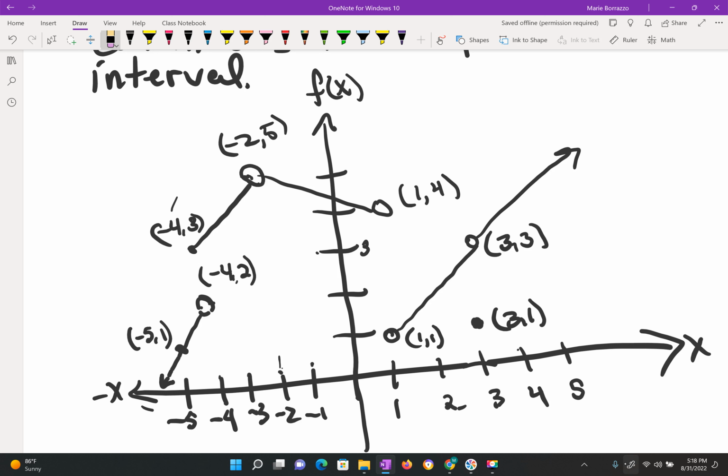Okay, so we're going to look at number 1, where I'm saying here the limit. Let's discuss the limit as x approaches -4 from the left of f of x equal to 2.